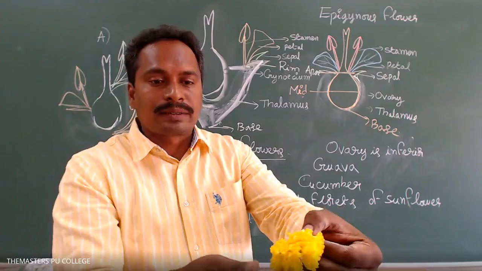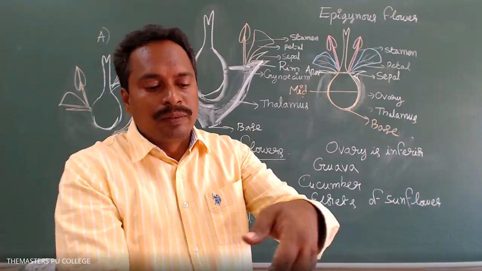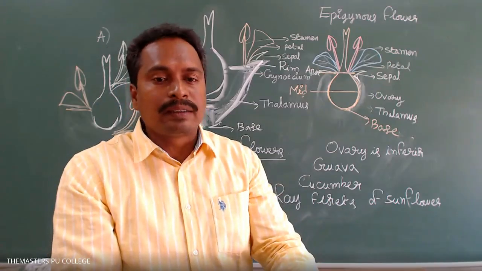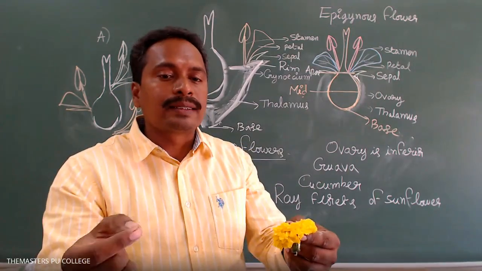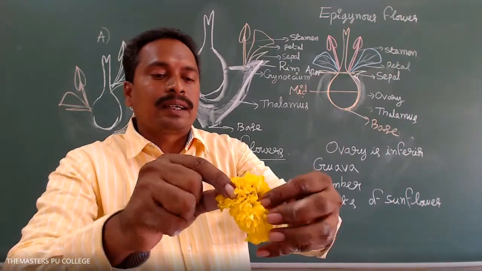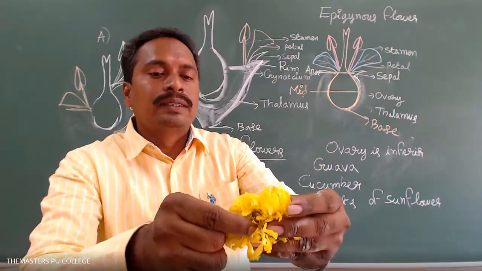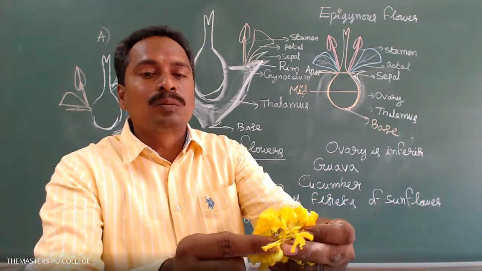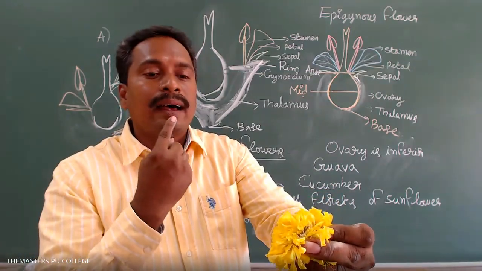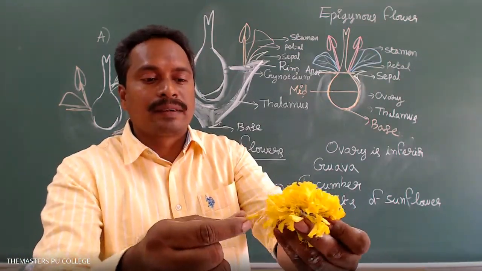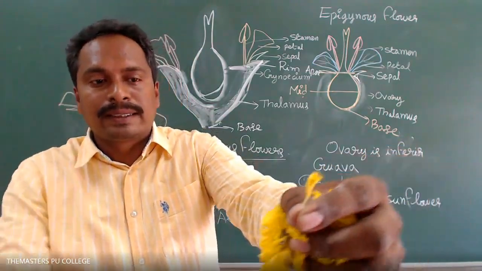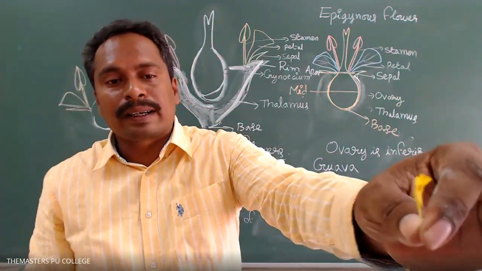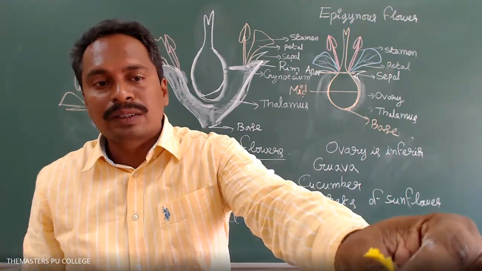In any plant, if the flower size is highly reduced, it is called a floret. Yes, sir, understood. So these are the several florets. These flowers resemble a tongue. How does this floret appear? Each floret appears like a tongue. So, ray florets.